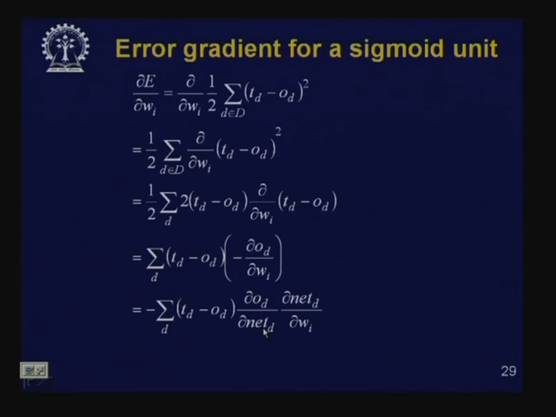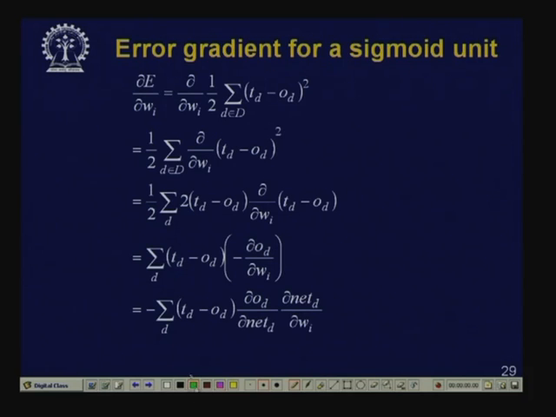Now, here is the derivation for this. Del E by del Wi, that is the partial derivative of the error function with respect to Wi, is del del Wi of E, and E is written as half sigma, summation of Td minus Od whole square. So, this is half of the sum of the square errors. This is the definition of our error function.